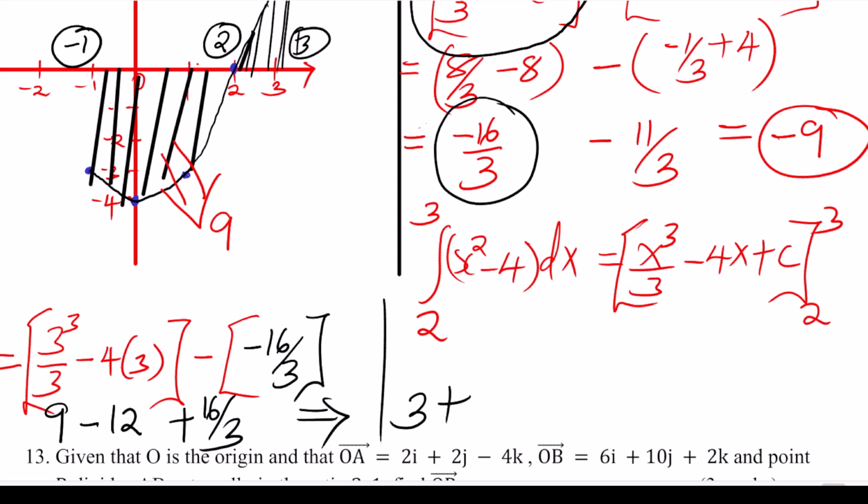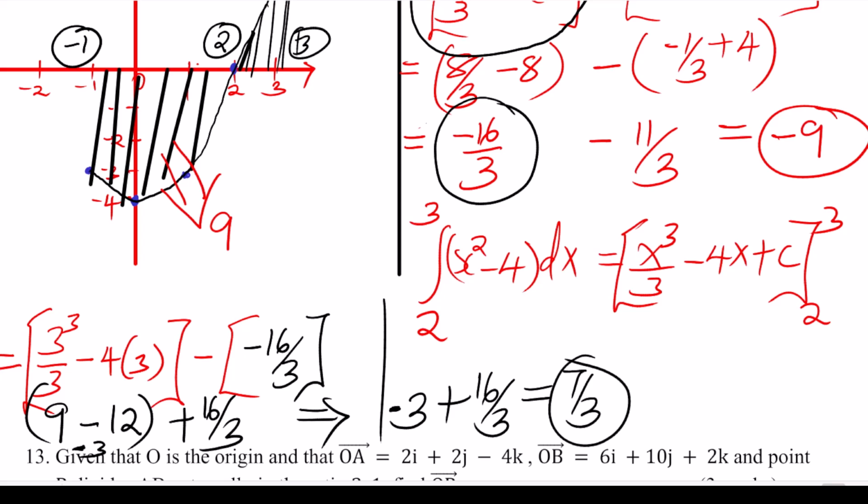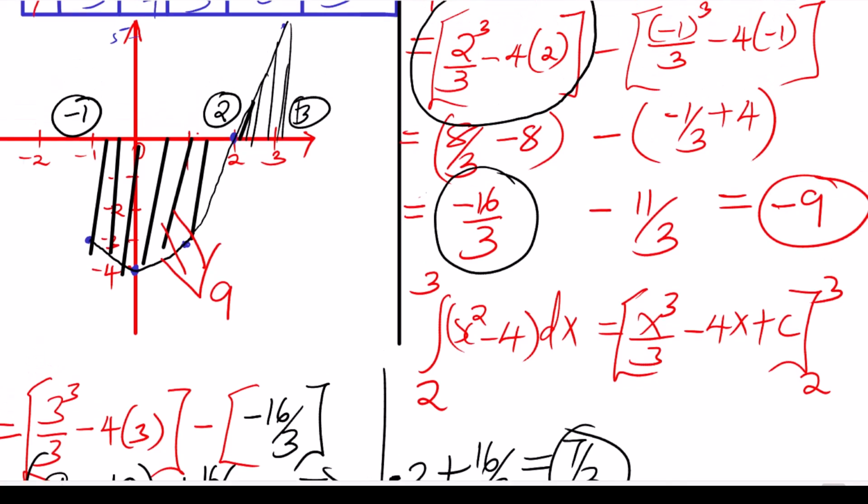So 9 subtract 12, you get -3. Then -3 plus 16 divided by 3, and this one will give 7/3. Now this area here, therefore, is 7/3.